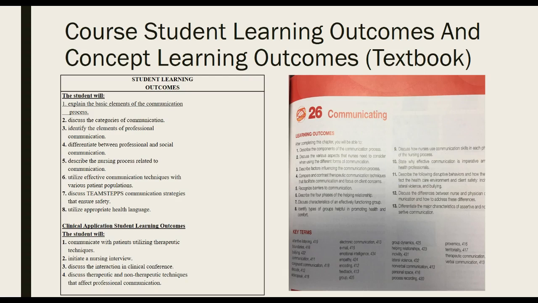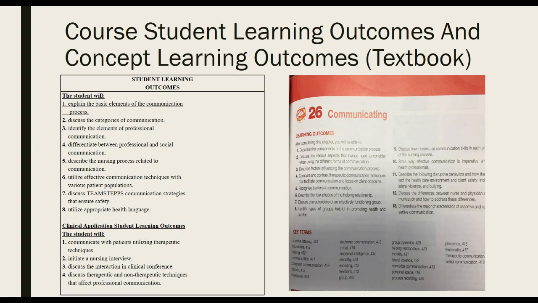So we continue going down, and then we look at discuss how nurses use communication skills in each phase of the nursing process. And then number 10 states, state why effective communication is imperative among health professionals. So that relates a little bit more to number 3 in the student learning outcomes. So you would focus on those areas and look at those.